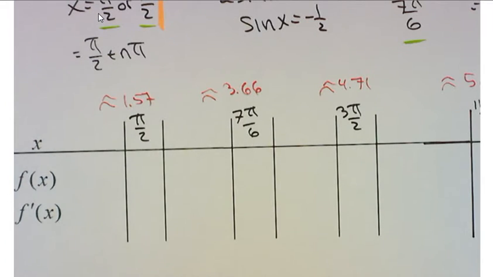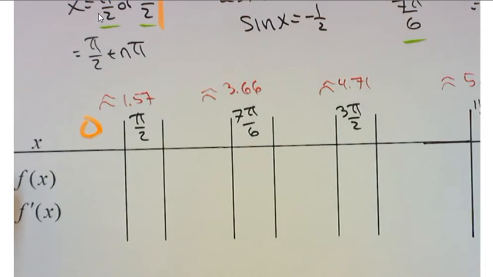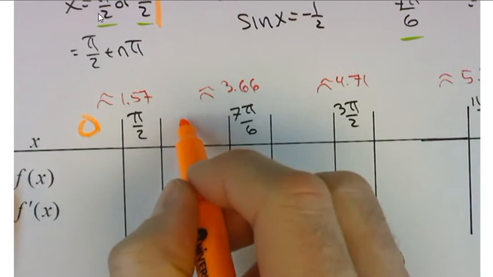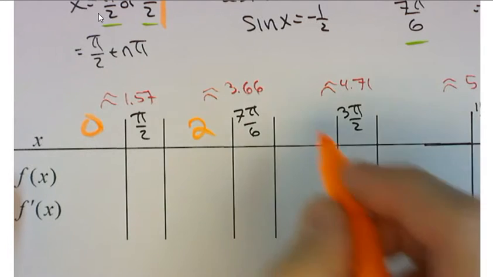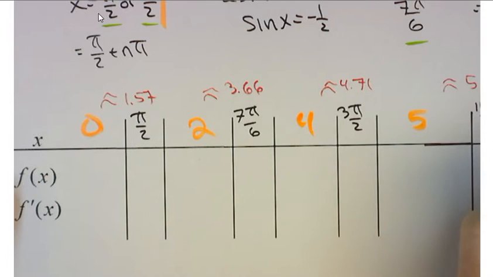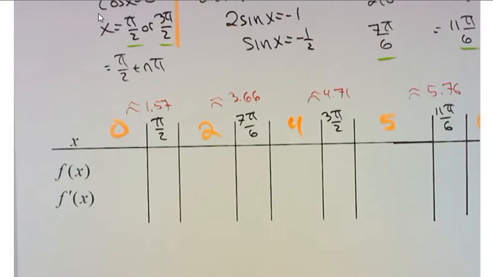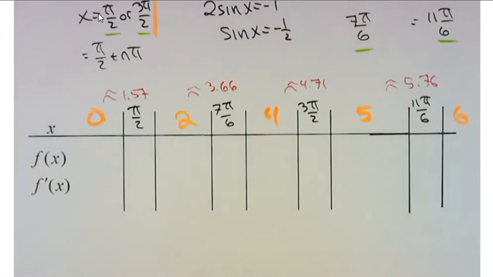Something to the left of 1.57 is 0. Something between these could be a 2, and then say a 4, and a 5, and a 6. So let's see what happens when we test these out.